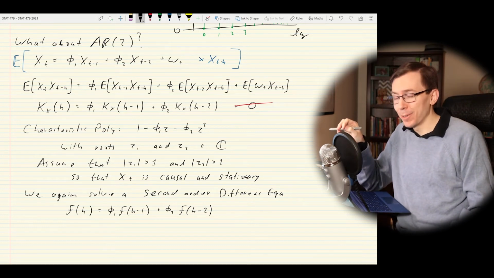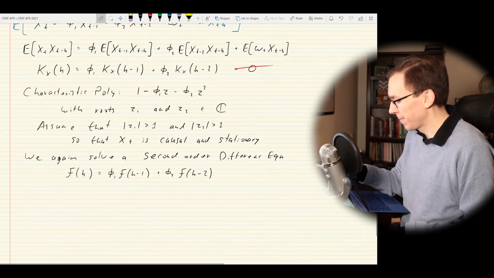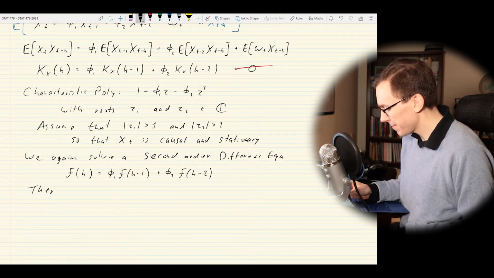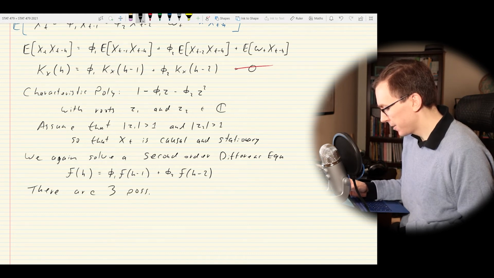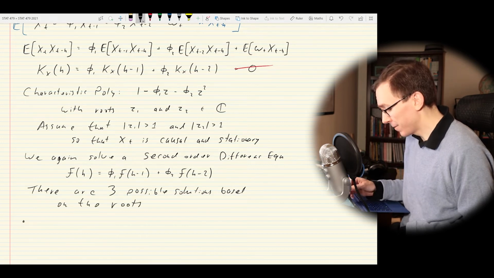And depending on what the roots are, we get different behaviors. I'll say there are 3 possible solutions based on the values of the roots.